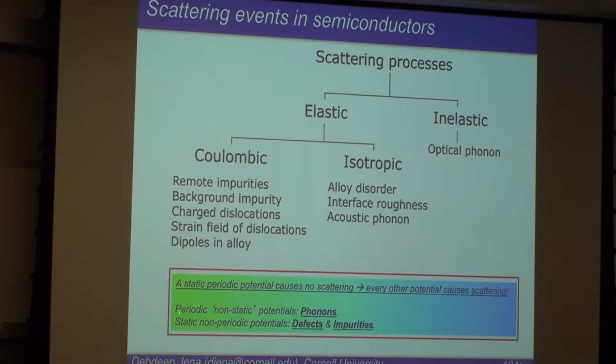So periodic non-static potentials, meaning you have a periodic potential but it's time varying, those are phonons, or light waves, photons. They will interact with electrons and change their k values. And static non-periodic potentials are obviously defects and impurities that are sitting there in a site. They're not moving around, and they also cause scattering.